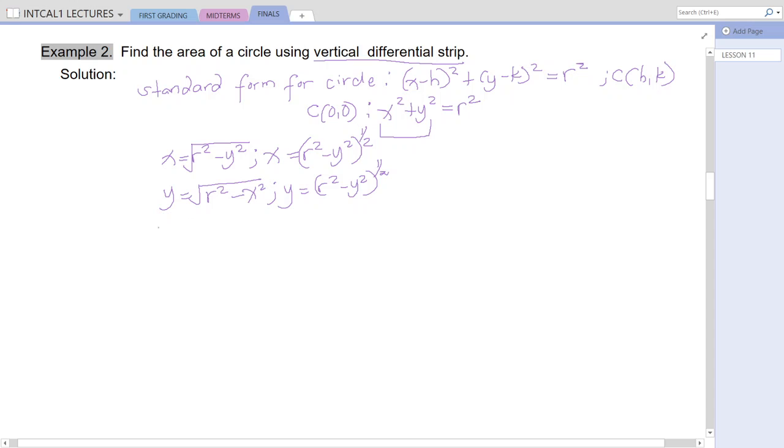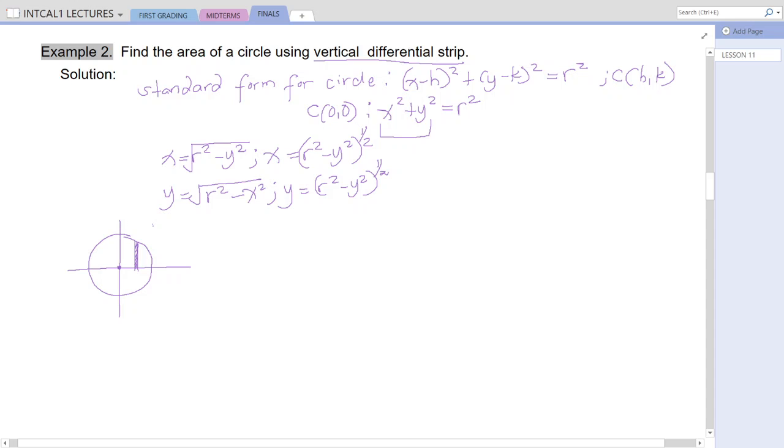Okay, so for this one, if we're going to draw, that is the circle at center (h, k), that is 0, 0. It says there we have to use vertical differential strip. We are asked to get the area of the whole circle, so we have to get the four quadrants there.